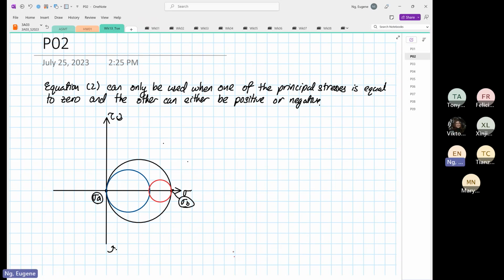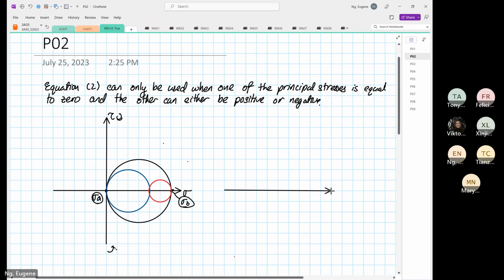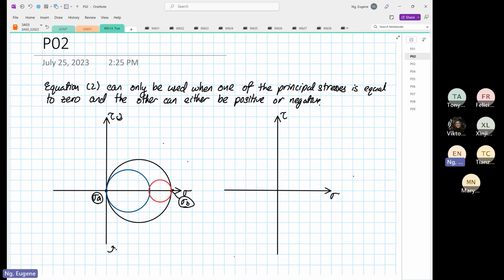And then the other condition is where you have a minimum stress which is not equal to 0, but your maximum stress is equal to 0. So you have another condition. So again, the normal stress and then you have your shearing stress.